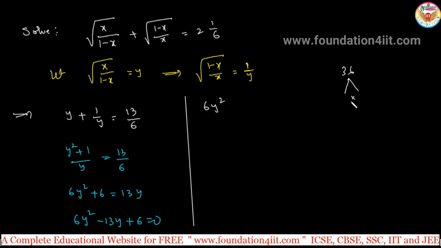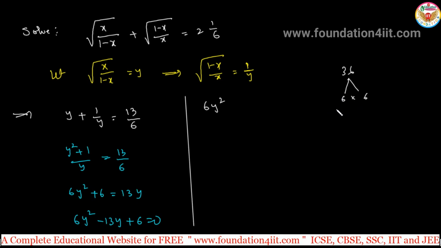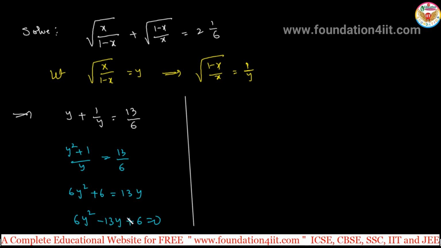if your product should be 36, by adding or subtracting you should get minus 13. So instead of taking that step and taking more time, 6y square minus 13y plus 6 as it is, on factorization we get like this.